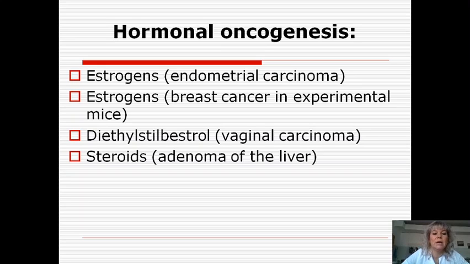For example, increased estrogens lead to endometrial carcinoma, as well as to breast cancer, but only in experimental mice. Diethylstilbestrol can lead to vaginal carcinoma. Using steroids in treatment can lead to adenoma of the liver.